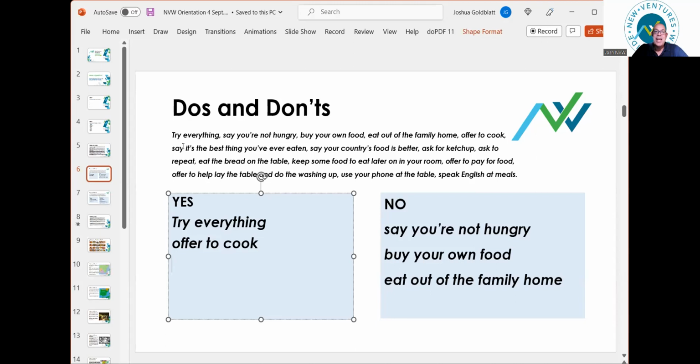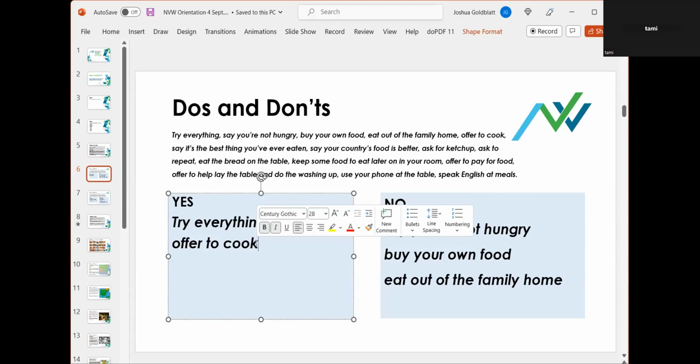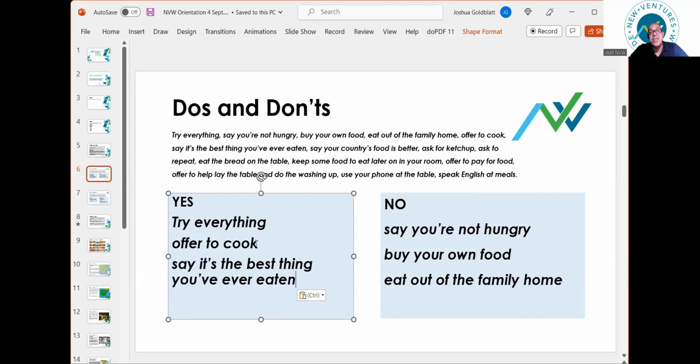What about, say it's the best thing you've ever eaten when they give you something? What do you think, Tammy? I would say if it's true, then totally yes, but you don't have to say it every time. But if you say it every time, they will believe you. Ah, okay. They will believe you, yeah, of course.